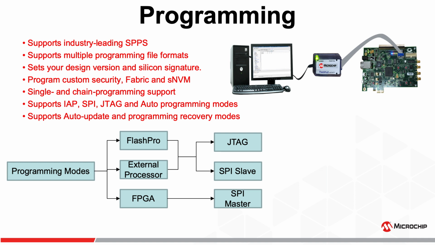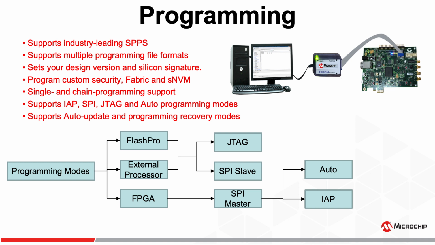So basically, you are programming the FPGA using the external SPI memory through this SPI master. In this, you have two modes. One is the auto mode. Auto means the FPGA is automatically programmed using the SPI master and the IAP application.